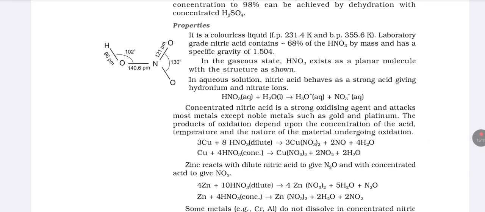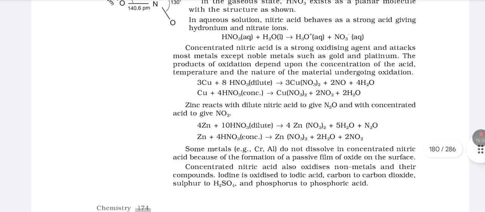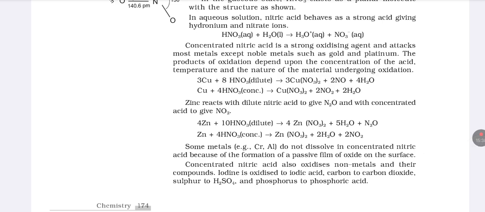Properties: it is a colorless liquid. Laboratory grade nitric acid contains 68% of HNO3 by mass and has a specific gravity of 1.504. In the gaseous state, it exists as a planar molecule with the structure as shown. In aqueous solution, nitric acid behaves as a strong acid giving hydronium and nitrate ions. Concentrated nitric acid is a strong oxidizing agent and attacks most metals except noble metals such as gold and platinum.